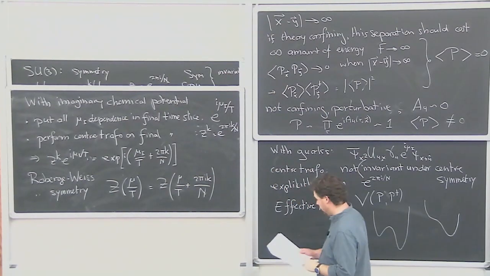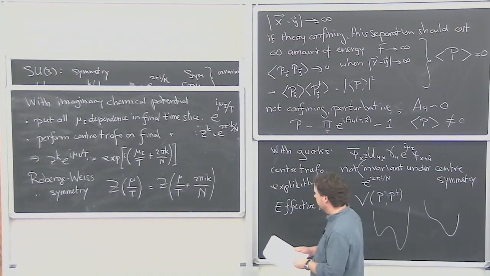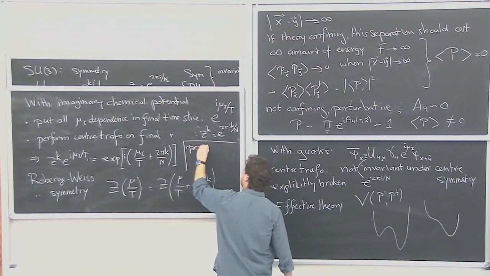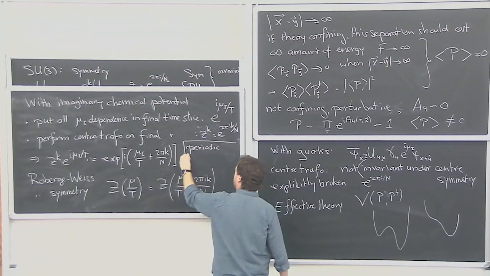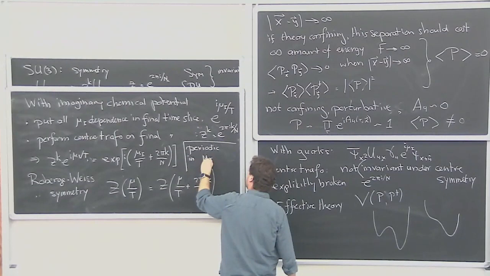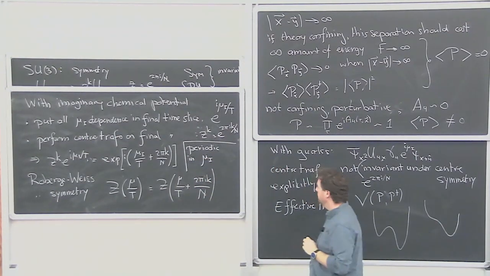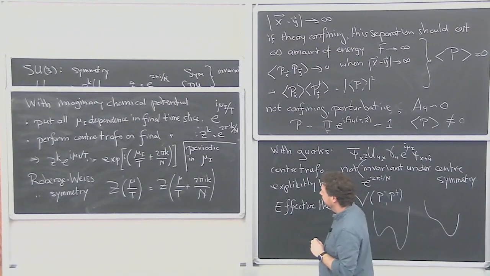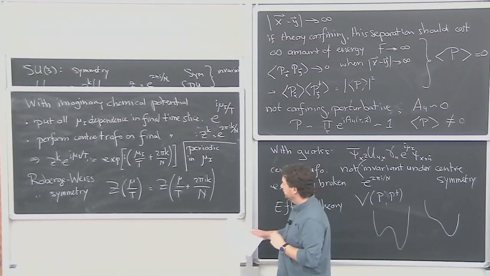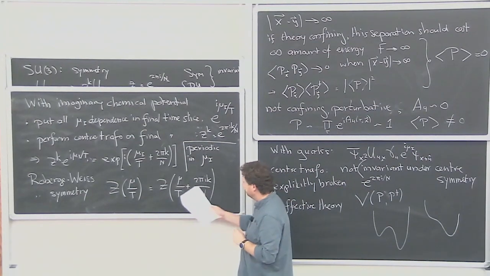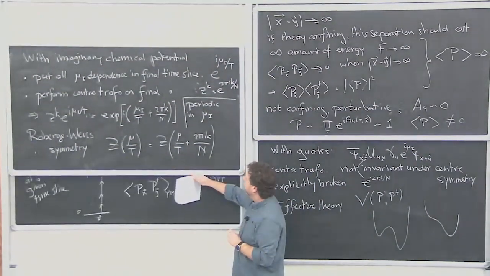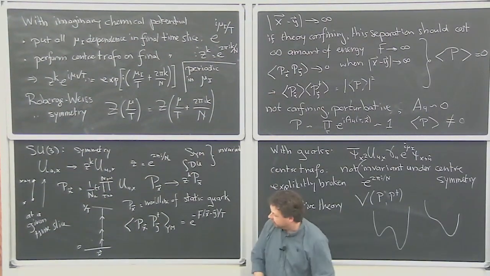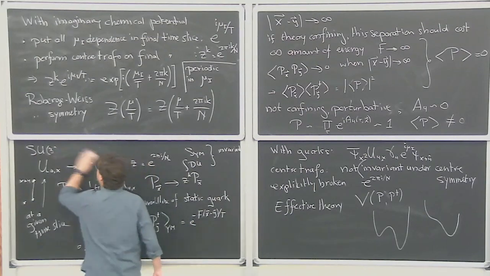So there's a new periodicity. It is periodic in mu I. So if I go to imaginary mu, I have this periodicity, and this will show up in the phase diagram now. So that's quite interesting.